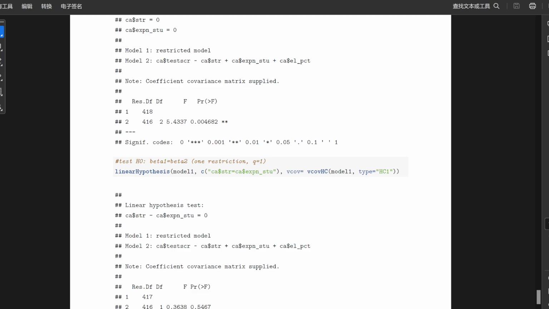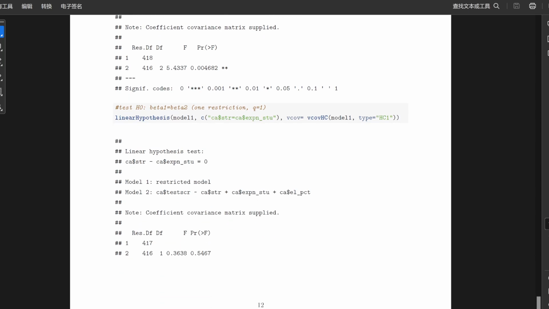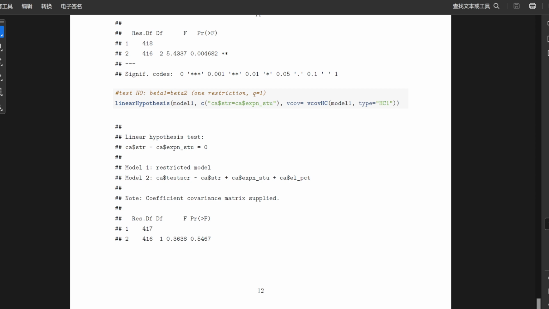So here you have the CA student-teacher ratio equal to the CA expenditure per student. And now you see you cannot reject the null hypothesis. It's very likely that the coefficients are equal. Okay, that's recitation 5.